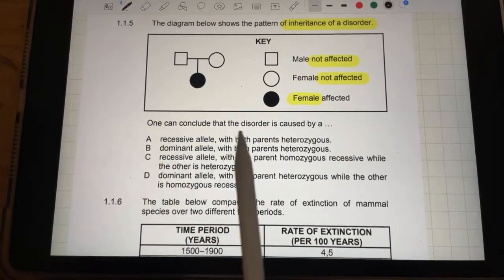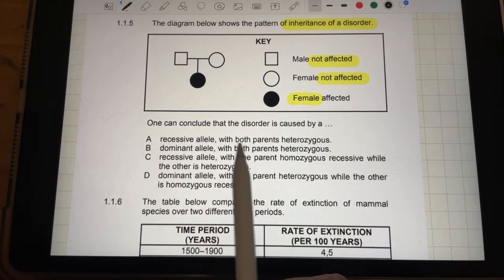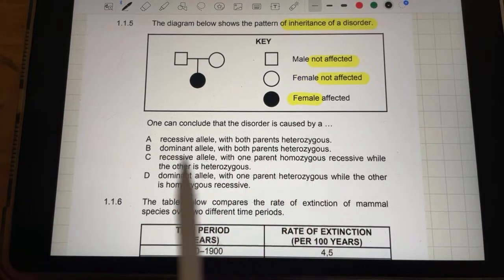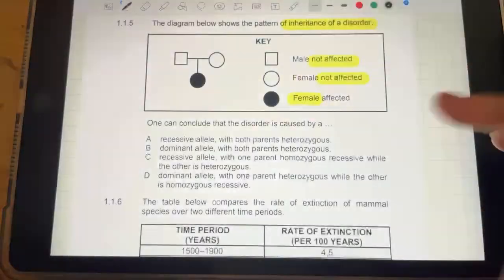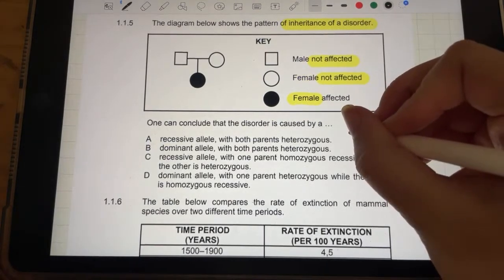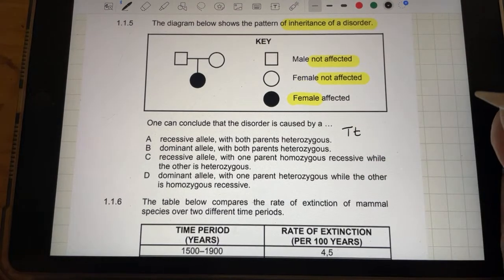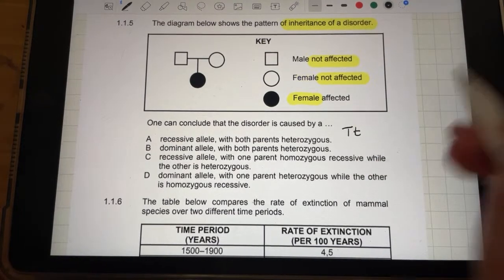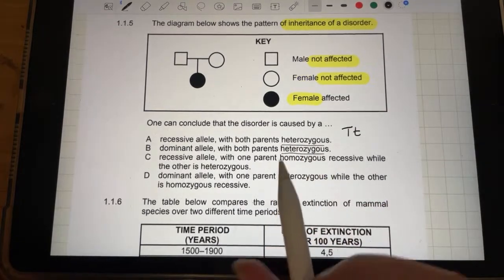It says, one can conclude that the disorder is caused by a recessive allele with both parents who are heterozygous, a dominant allele with both parents being heterozygous. Now remember, being heterozygous means that you are, and I'm just going to use the letter T, a big letter and a small letter, right? So that's what heterozygous means. They're saying that either of the parents could be that.